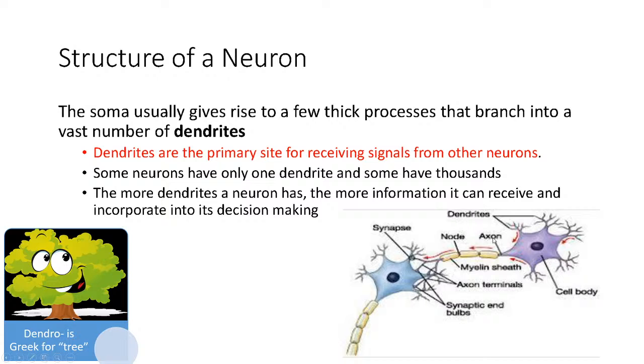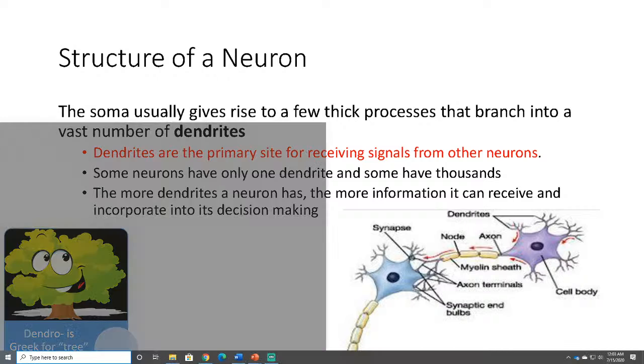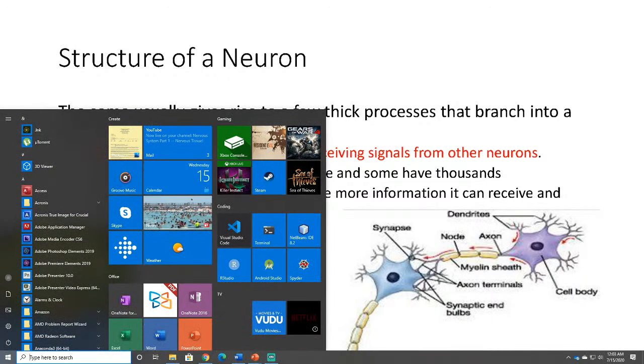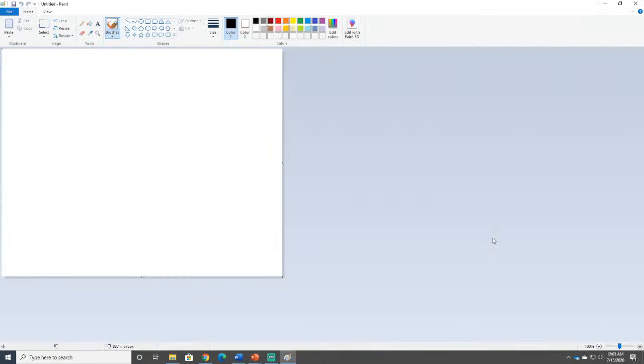I just want to talk about decision making real quick. This is going to be a very, very basic example, but all right. So let's say you have a neuron. Let's say it's as simple as that.